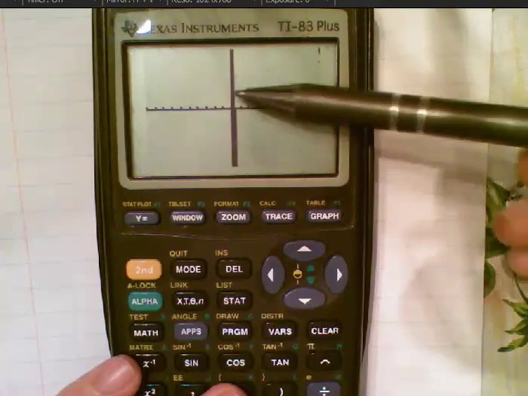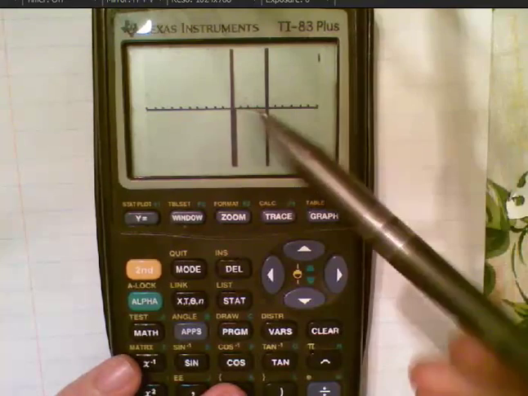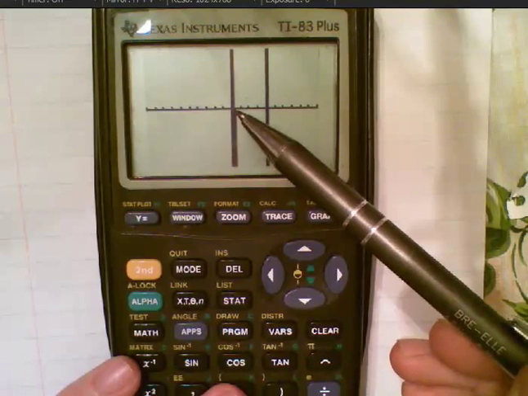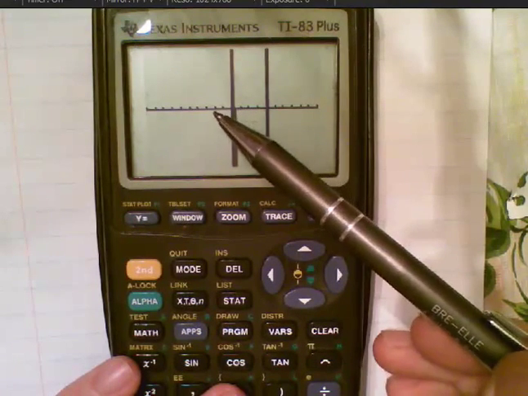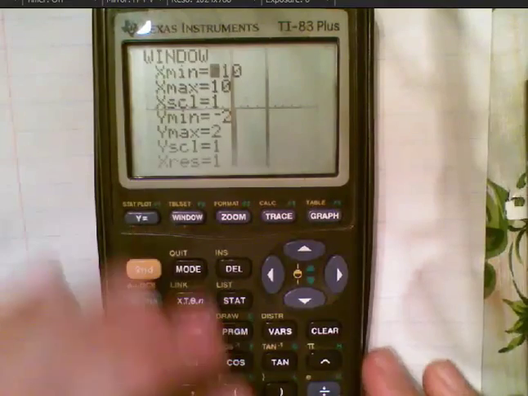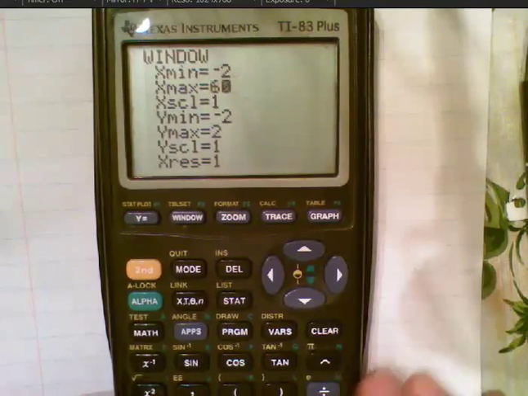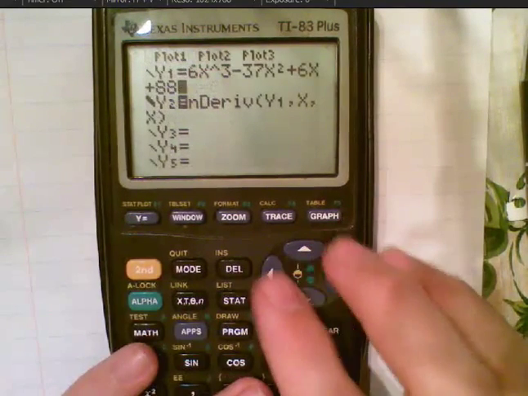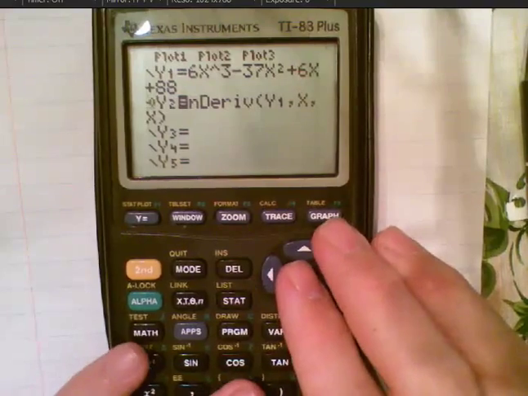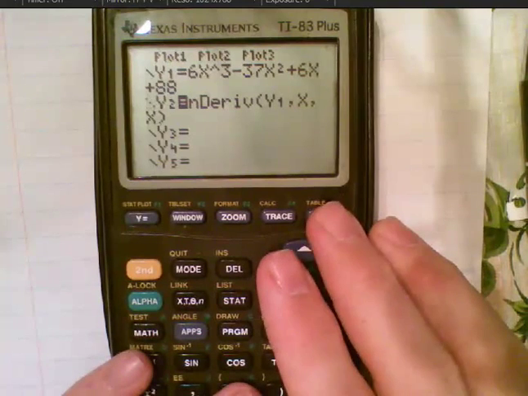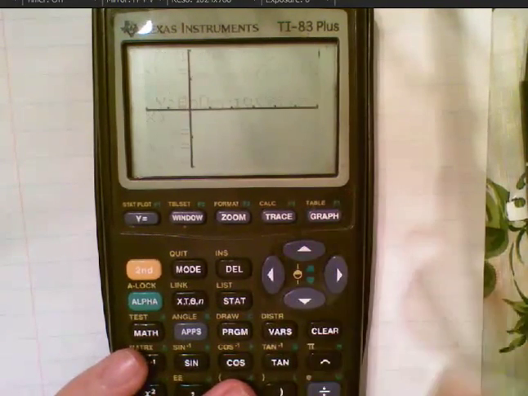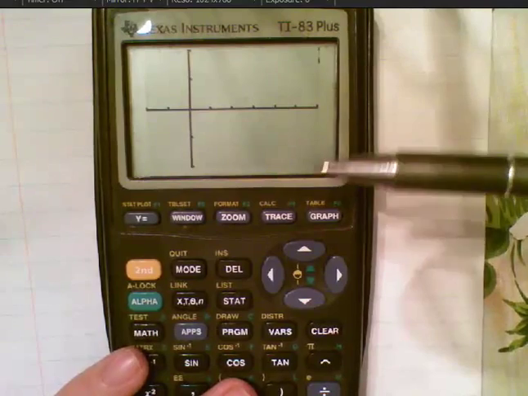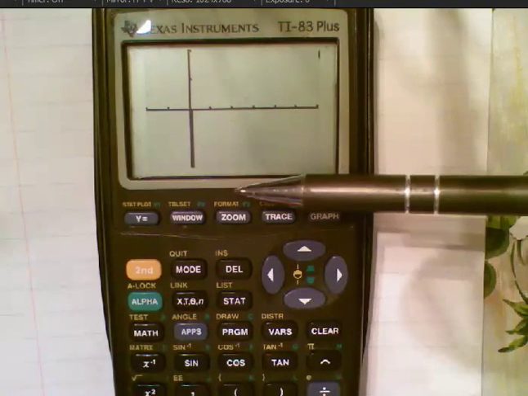Everything seems to be happening right around here, so it's kind of hard to see what's happening. So let's zoom in more. Let's go negative 2 to 6. And you know what? The thickness isn't really helping now, so I'm going to go back to the original. And there it is. Sometimes you have to play around with the windows a little bit so it looks good.